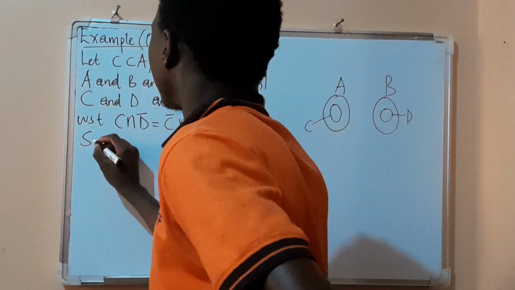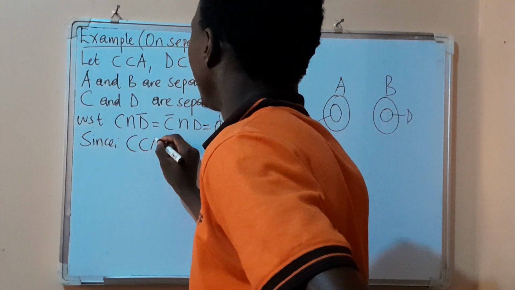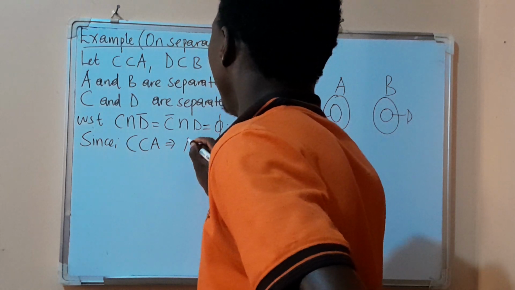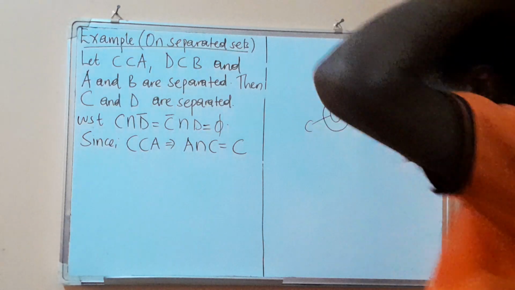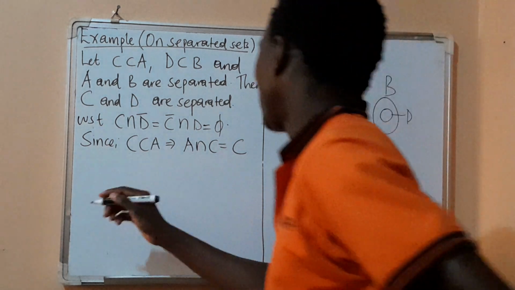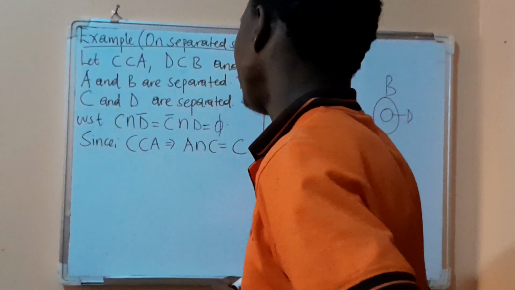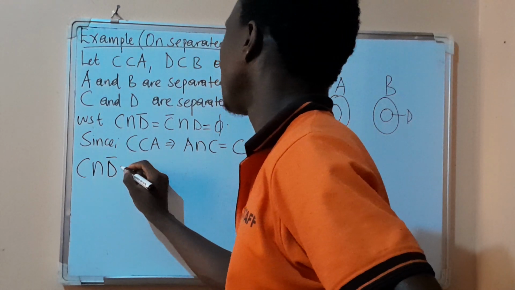Since C is a subset of A, this implies that A intersection C is actually equal to C. What next? So let us try to compute C intersection D closure. We have to show that this is an empty set.